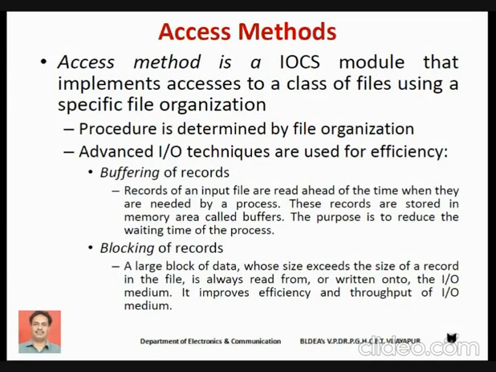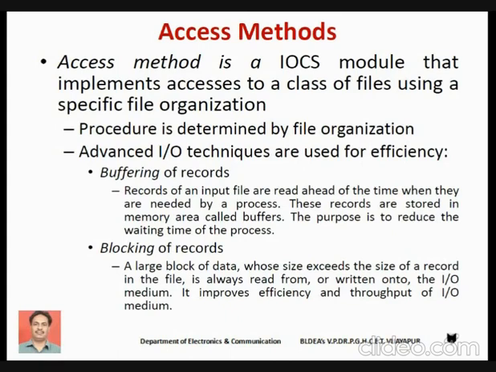So, to access data from files, one of the techniques used is buffering of records. In buffering, the records of an input file are read ahead of the time when the program requires them. The idea is that when the program requires the second record, we read the third record also in advance, and these records are stored in a memory area called buffers.